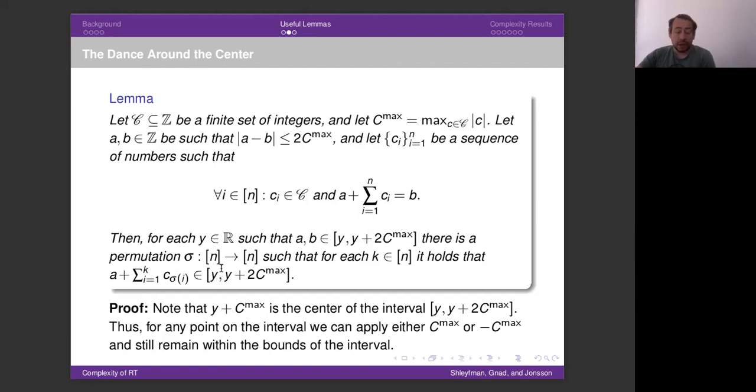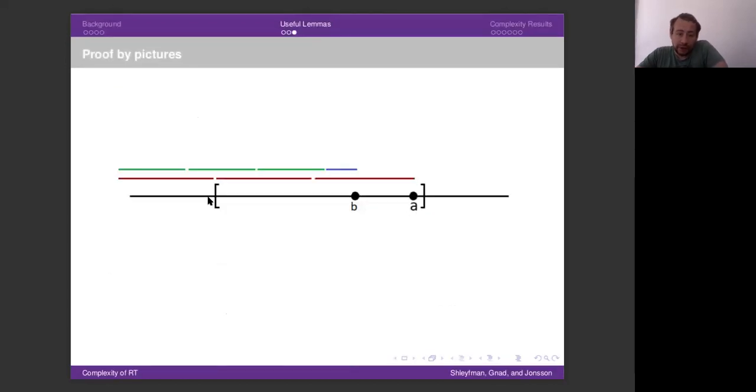So let's look at a graphical example for this. Suppose you have the interval of length 2 Cmax, you have A, you have B, and you have numbers that lead you from A to B. Say red lines are negative numbers and green and blue lines are positive. In our case, this interval will be twice the length of the red line.